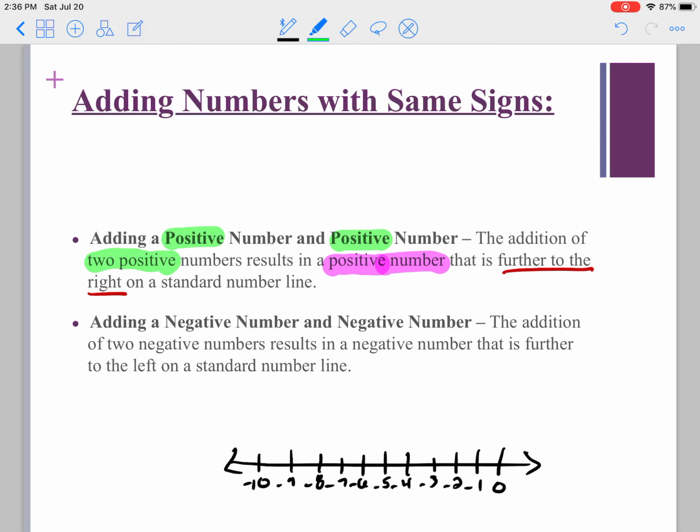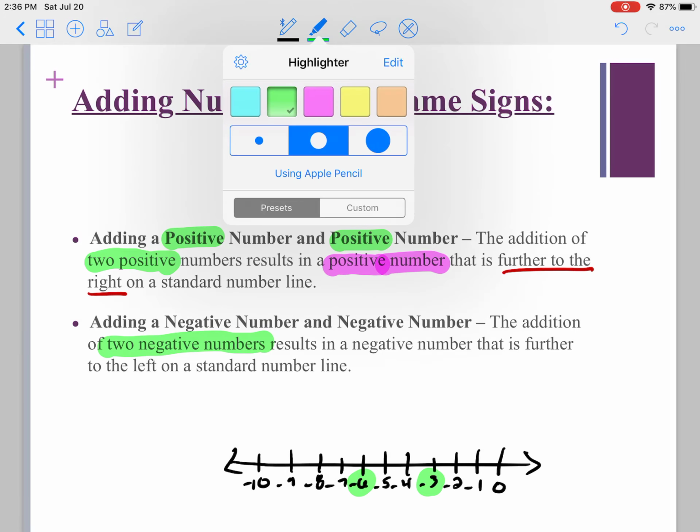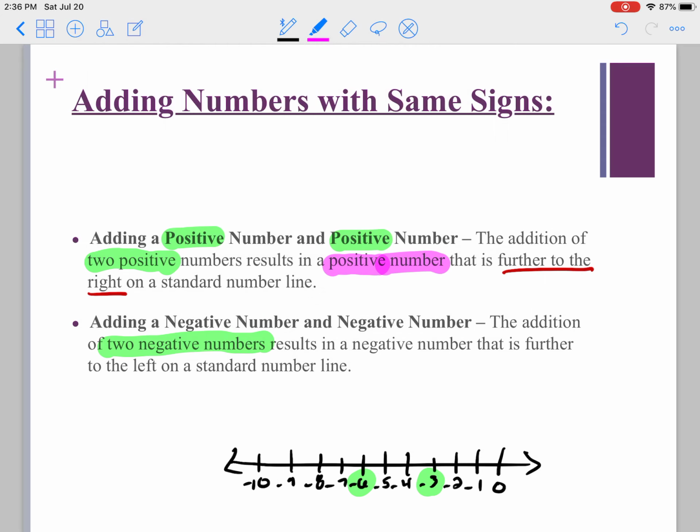Once again, let's choose two negative numbers. We'll choose -3 and -6. And -3 added to -6 is going to end up being a result of -9. And so the result is a negative number.